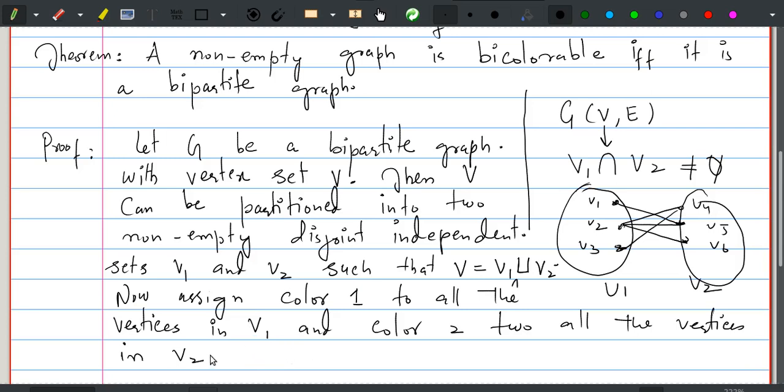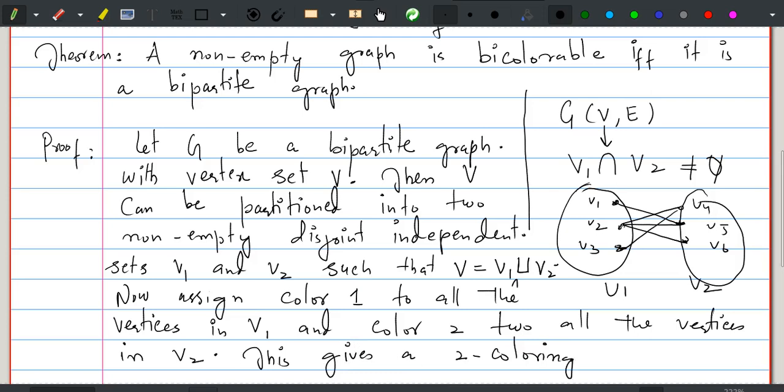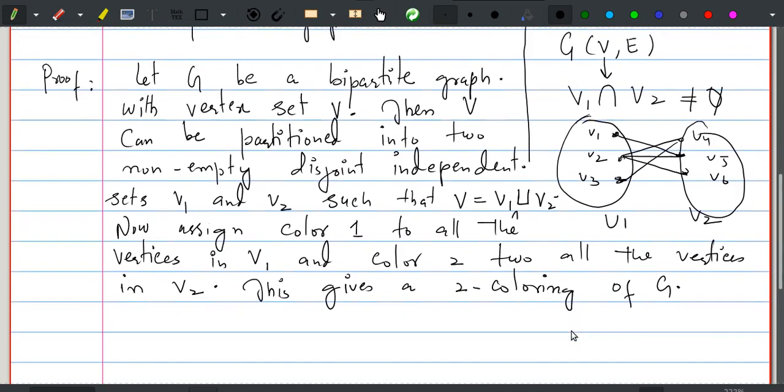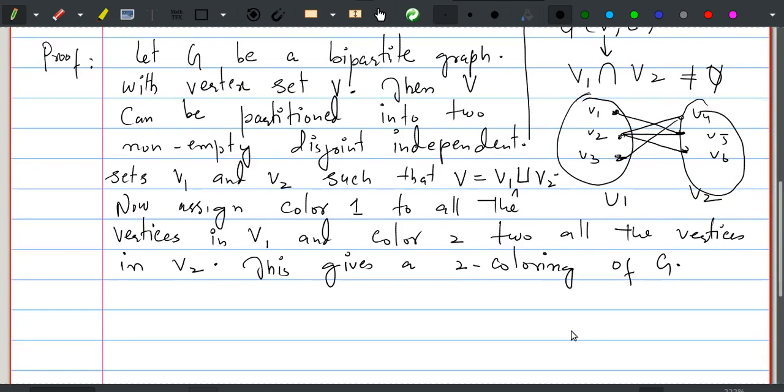So this gives a two coloring of G. Now since G is non-empty, its chromatic number must be 2.